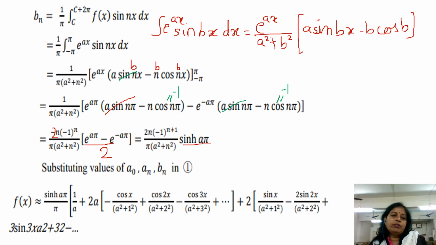F of x is equal to a0 by 2. Put the values in the Fourier series. This is an expansion form, meaning summation, so we'll put n is equal to 1, then here n is equal to 2, and here n is equal to 3.